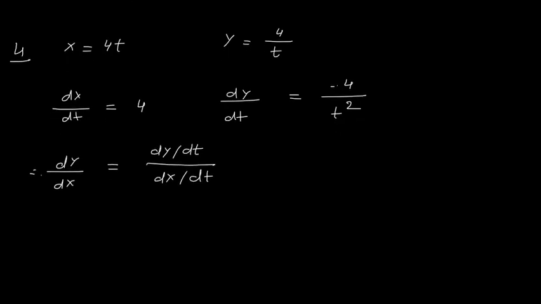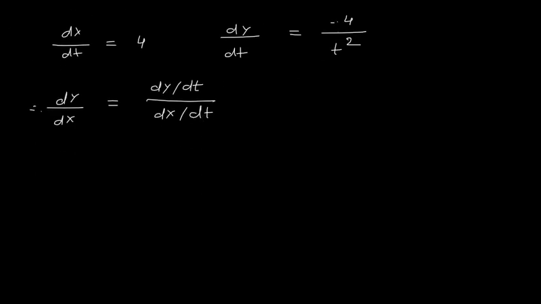So dy upon dt is minus 4 upon t square, this is equals to minus 4 upon t square whole divided by 4. So this 4 will cancel and we have minus 1 upon t square. So dy upon dx is minus 1 upon t square. This is fourth problem. Now let us see the fifth problem.